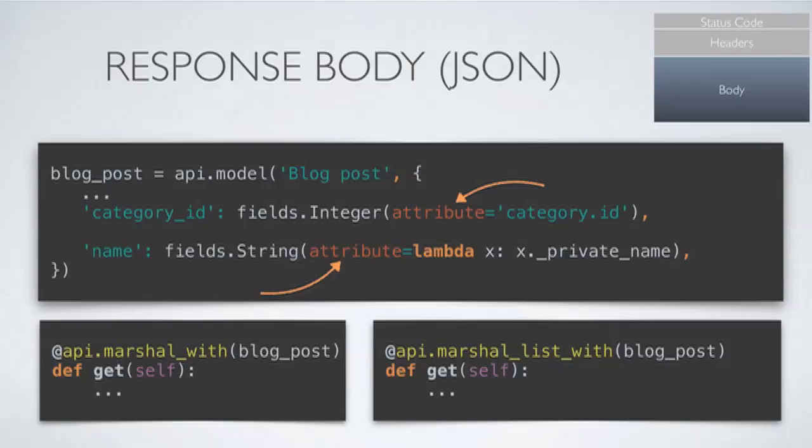But all we care about is this one value, the category ID, so we can specify using this dot notation a certain nested value from another object. And if we want, we can even write a lambda function here to do some more specific processing of the values that it wants to pull out to fill out the main field.